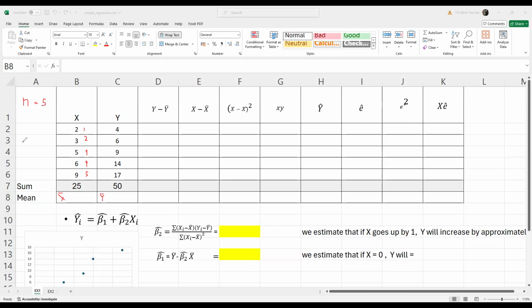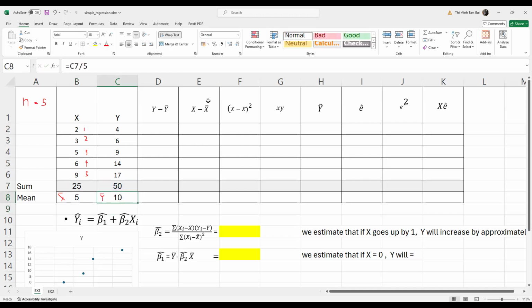It means if you would like to find the average, you use this number over n, which is the mean.